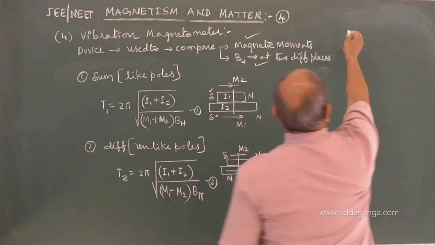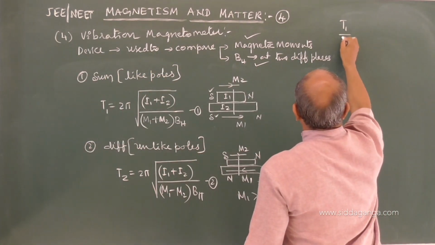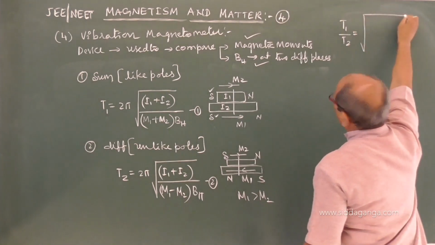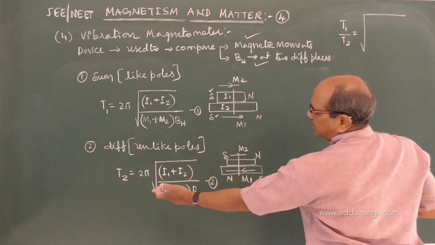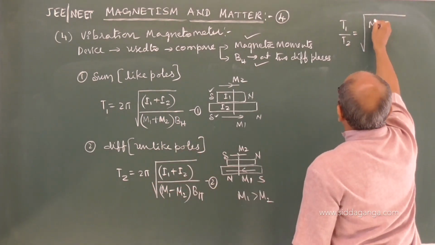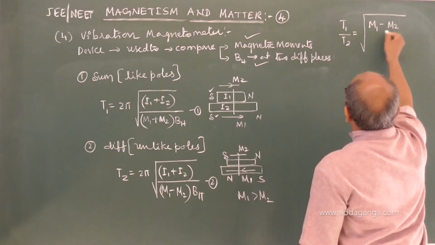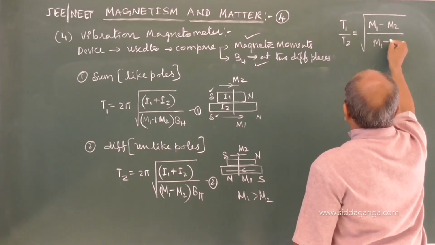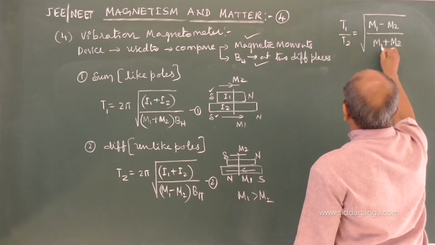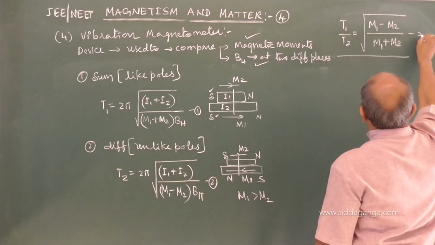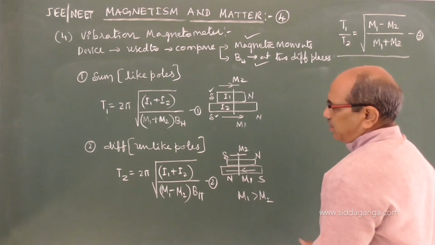Now we get the ratio T1 by T2 as root of (M1 minus M2) by (M1 plus M2), with T1 in the denominator and T2 in the numerator. This relation helps you find the comparison of M1 and M2.